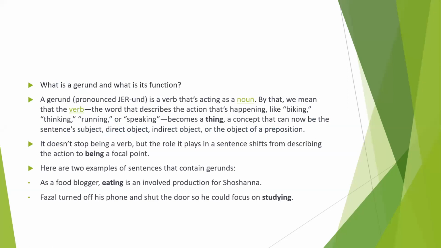Now, what is a gerund and what is its function? The gerund is a verb that acts as a noun. I already gave you some definition. By that we mean that the word that describes the action that's happening, like biking, thinking, running, or speaking, becomes a thing, a concept that can now be the sentence subject, direct object, indirect object, and the object of a preposition.